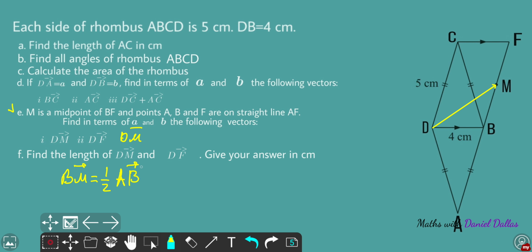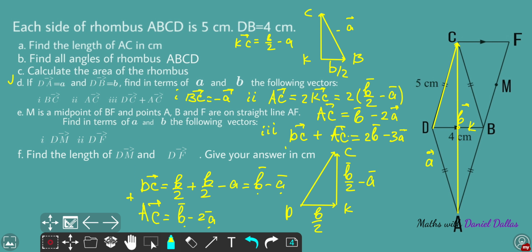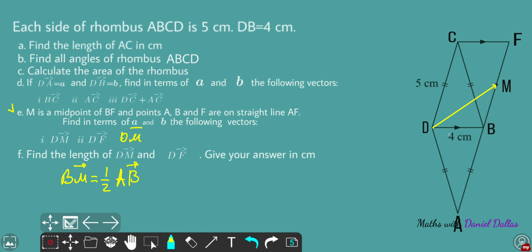Next, we didn't find that before, so now we need to find vector AB. So we know, one more time, vector DA, which is A, and we know vector B, which is there, okay? So this vector B, this vector A, and we can add DB.